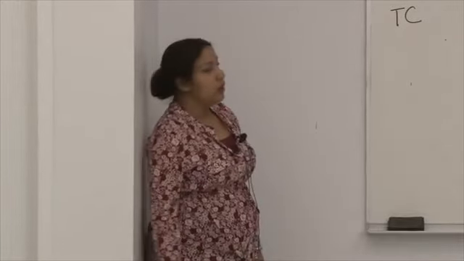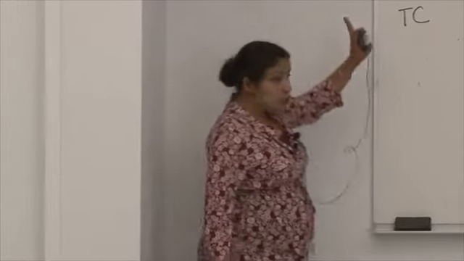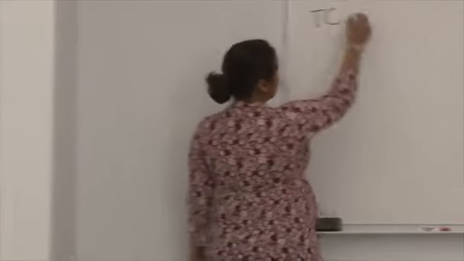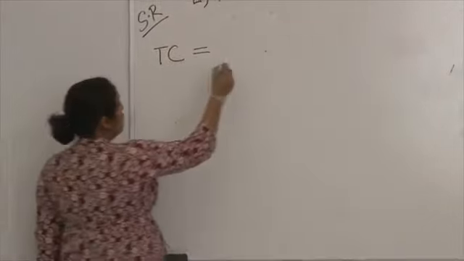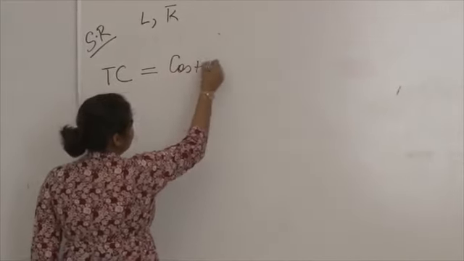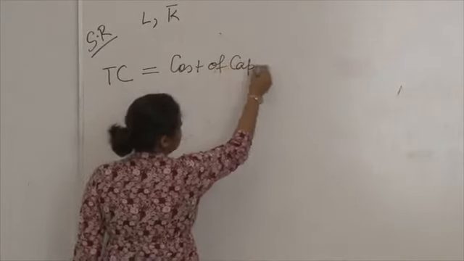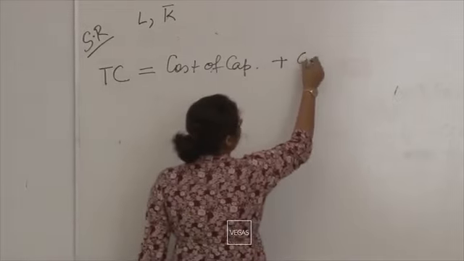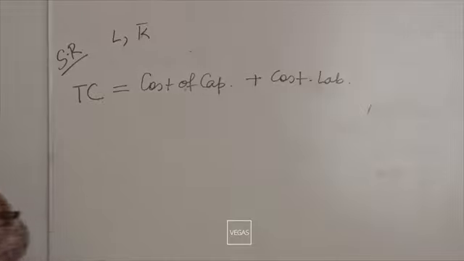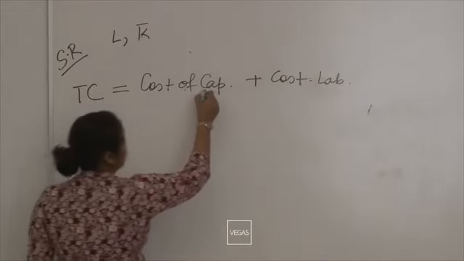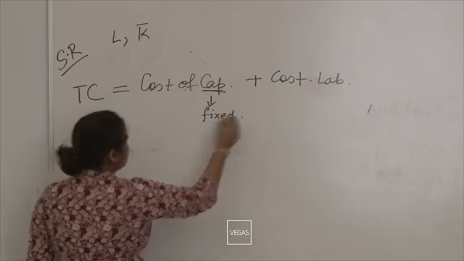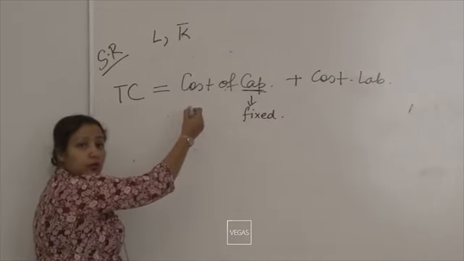Okay? So, coming back, now this is short run where your capital is fixed and your labor is variable. So, we said that this total cost would be dependent on the cost of capital, right, because those are the things that we are using, plus it will be the cost of labor, right. Now, since the amount of capital is fixed, that cost will also be fixed.